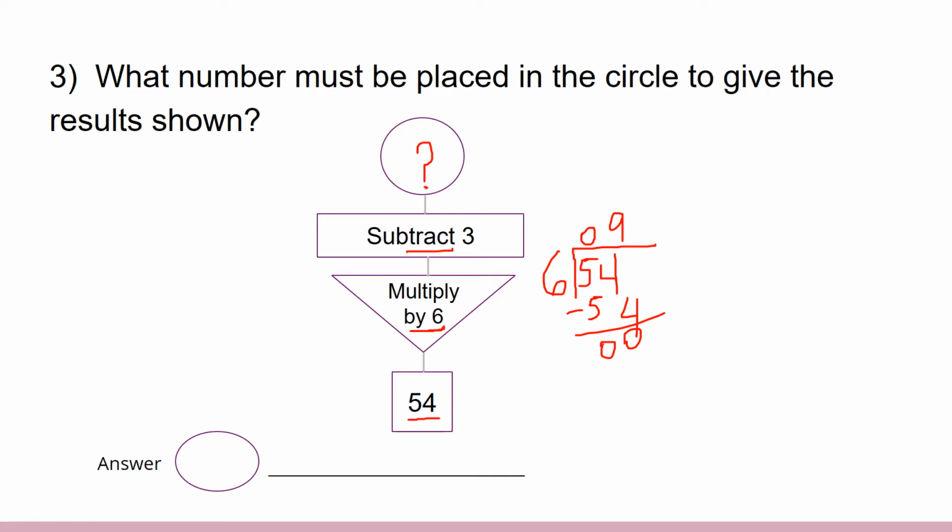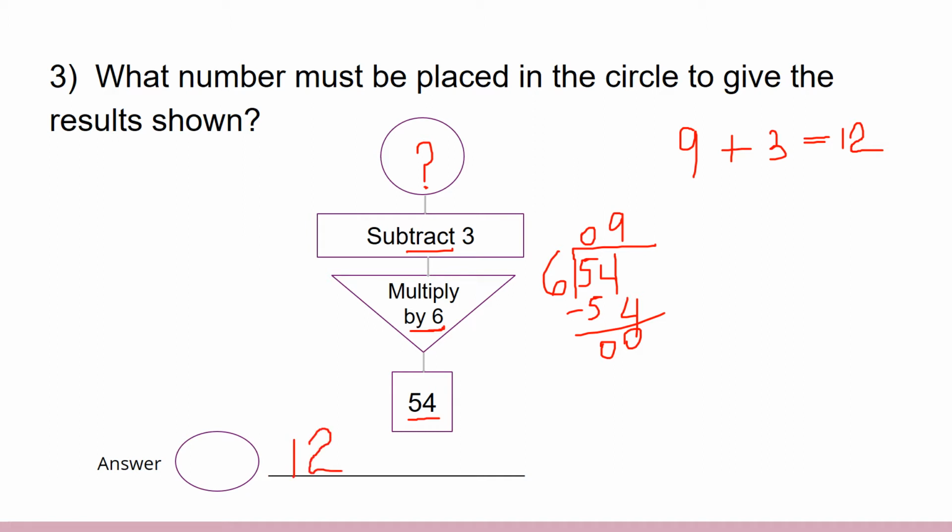Now let's continue. We have 9. Instead of subtracting 3, we are going to add 3. And 9 plus 3 will give us 12. So 12 is what is missing in this circle. 12 is the answer. Now let's double check that.